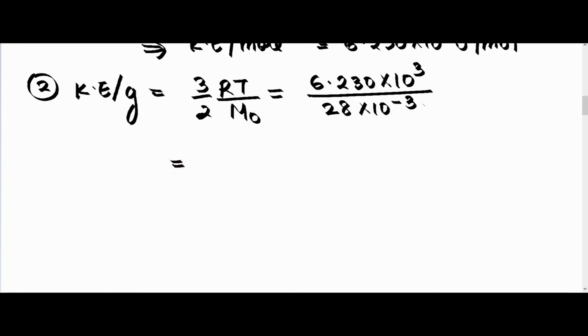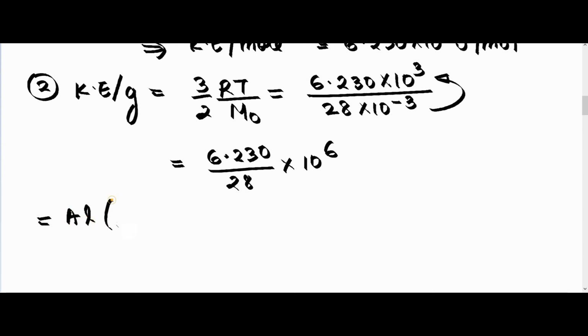Now we send this 10 raised to 3 to the numerator, so it becomes 6.230 upon 28 into 10 raised to 3 plus 3, which becomes 6. Next we can perform this division by using logs.